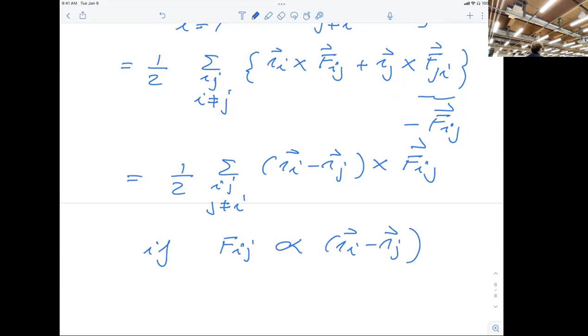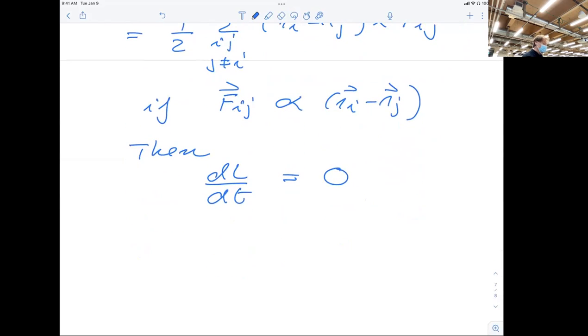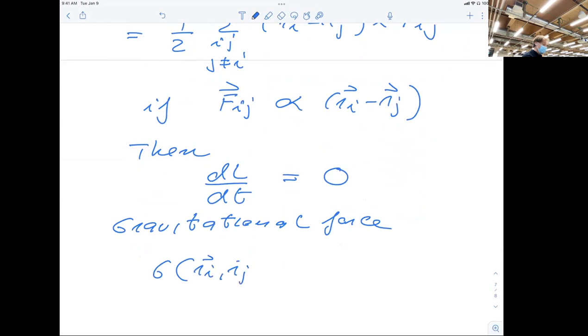It's 0. So if that's the case, then dL/dt is equal to 0. And if you look back at the gravitational force, which we rewrote between the Earth and the Sun, we had something like a G of Ri of Rj, proportional to the masses Mi, Mj, with a gravitational constant.